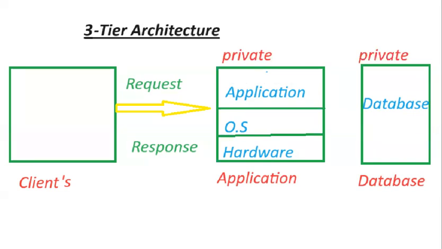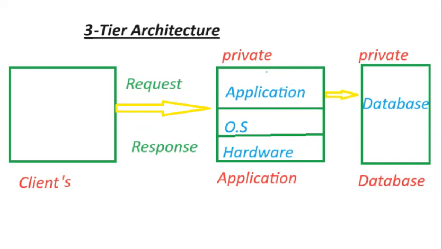The application layer will request something from my database layer, and my database layer can provide the response to my application layer. Then my application layer will provide the response to my client.